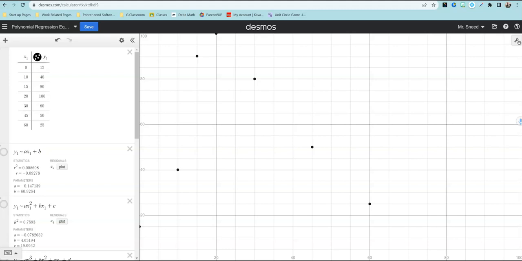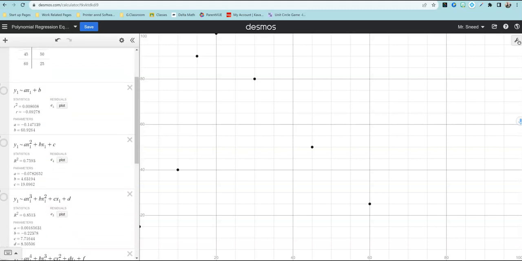In Google Classroom, I'm going to have this posted for you so you can add it to your repertoire for Desmos. Make sure when you open this in Desmos that you save it afterwards.